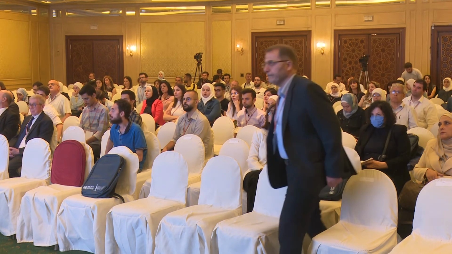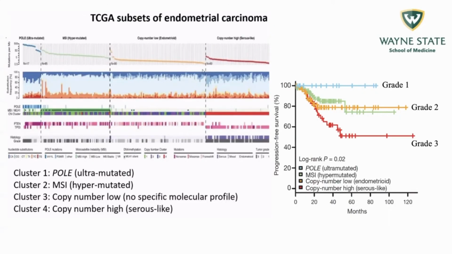So when they looked at the H&E, this overlapped in this cohort beautifully. And even with Kaplan-Meier, I'll show you the Kaplan-Meier later, and I'll explain this as well. So the grade 1 overlapped with the POLE ultramutated, and the patients did wonderfully.